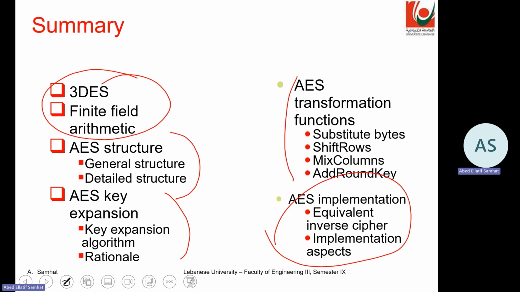We started with the classical, conventional ones, and then went to the modern ciphers: DES, 3DES, and now AES, which is widely used. You now know the difference between AES and DES, and why with AES we have more security and more robustness against attack, especially given the different transformation functions.